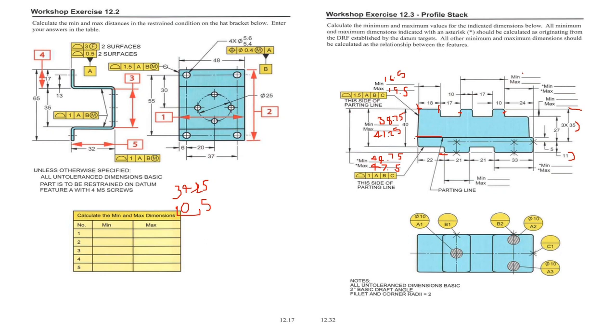So it's 37 minus 1.5, the minimum value is 35.5. And the maximum value is 10 plus 10 plus 17, 37 plus 1.5. The maximum is 38.5. It's the maximum value here, this 38.5.